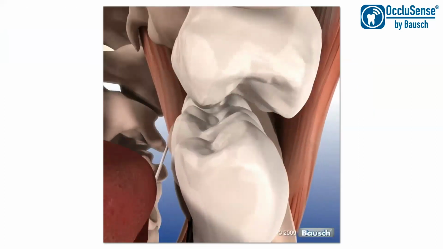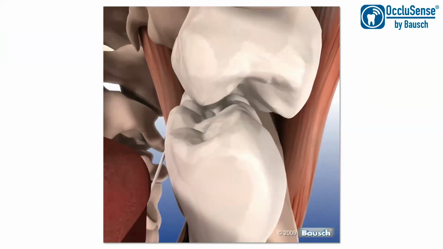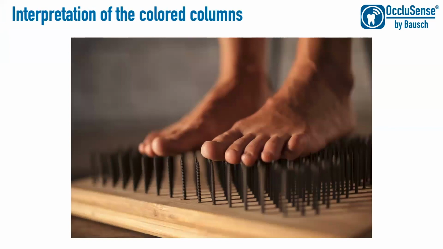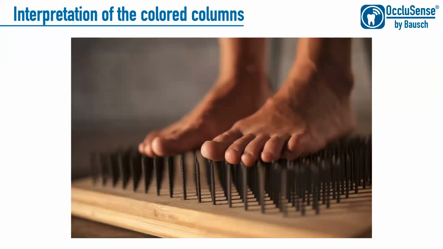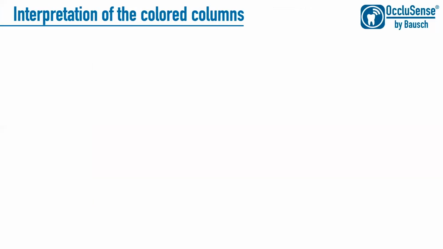In order to transfer this knowledge onto the three-dimensional movement during mastication, you can try and imagine that you're standing on a plate covered with needles. And each of those needles is obtaining a different amount of pressure from the weight that is being put on it. Please remember that every needle that is being activated, so every pixel that is being activated, is obtaining a different amount of pressure.